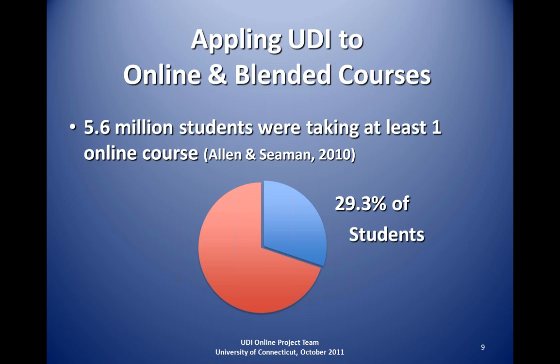That's a 17% increase over the number reported the previous year, and that far exceeds the 1.2% growth rate of overall higher education student enrollment. Yet, web accessibility has focused on physical disabilities such as blindness rather than cognitive access, which is why we looked at applying the construct of UDI to online and blended courses.